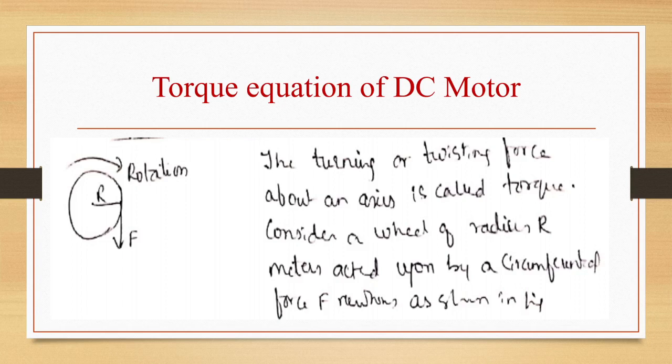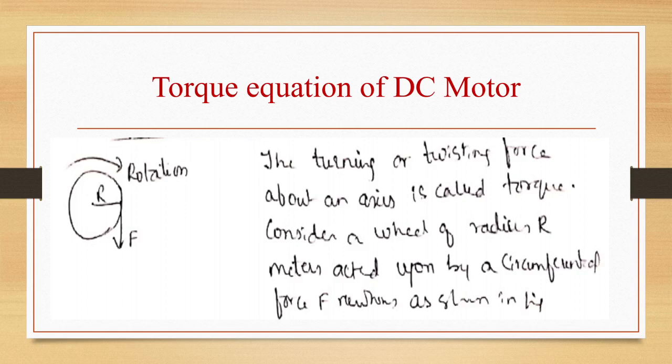As we stated, whenever a current carrying conductor is placed in a magnetic field, it experiences a mechanical force. All these forces collectively together will make the motor run. That is called torque: torque is getting exerted on the motor, and then the motor is running. Now we have to derive the torque equation of a DC motor.